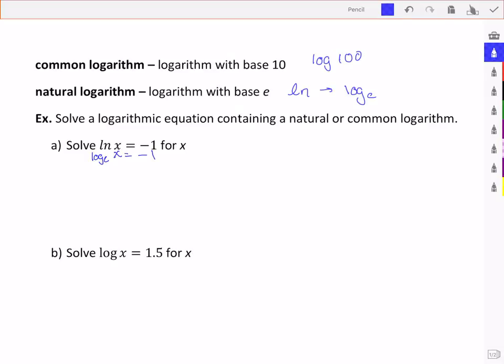So when I go to write that in exponential form, I'd say e to the negative 1 equals x, which is 1 over e. And just like I told y'all on Tuesday, anytime you've got an e, that's when you're going to have to use the calculator. So you'd have to plug that in, 1 divided by e, and you'd have x is equal to 0.37.